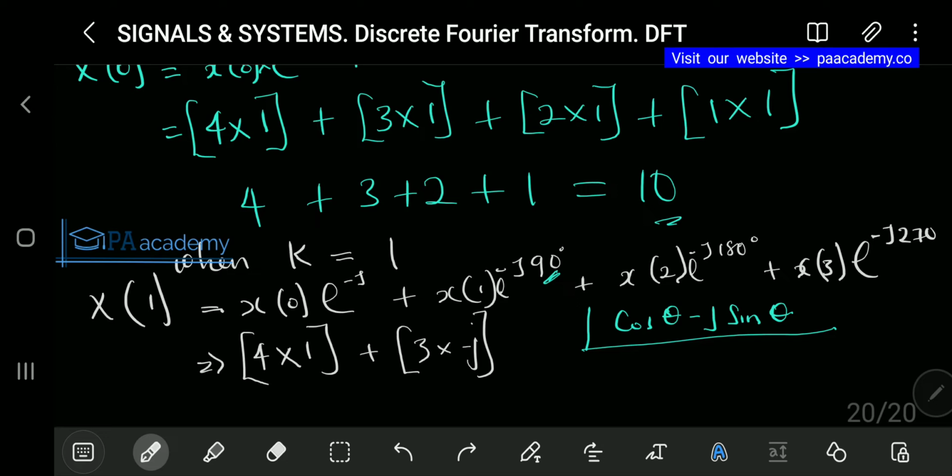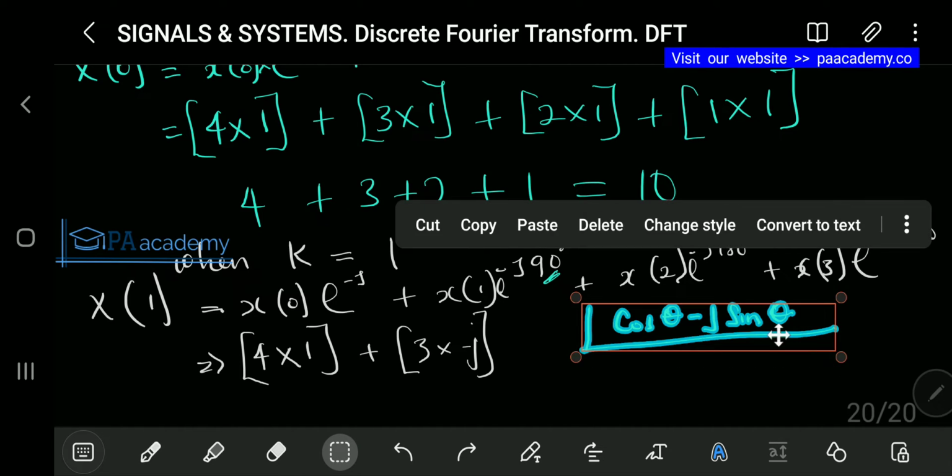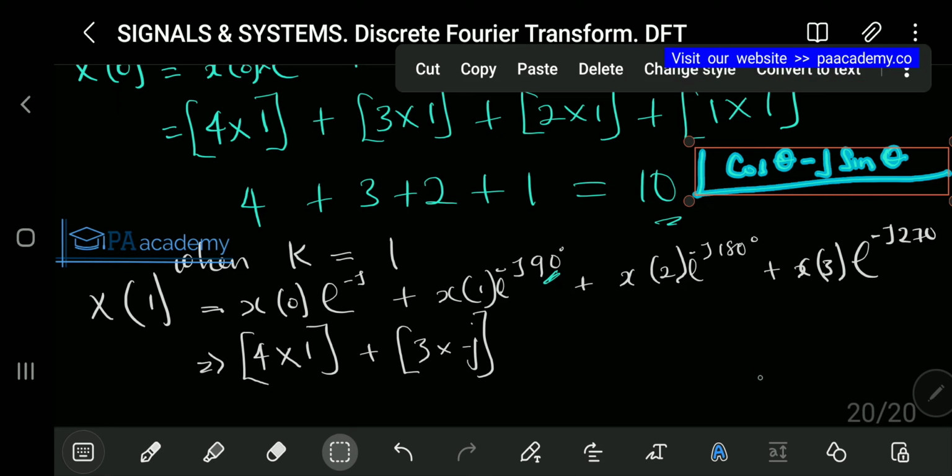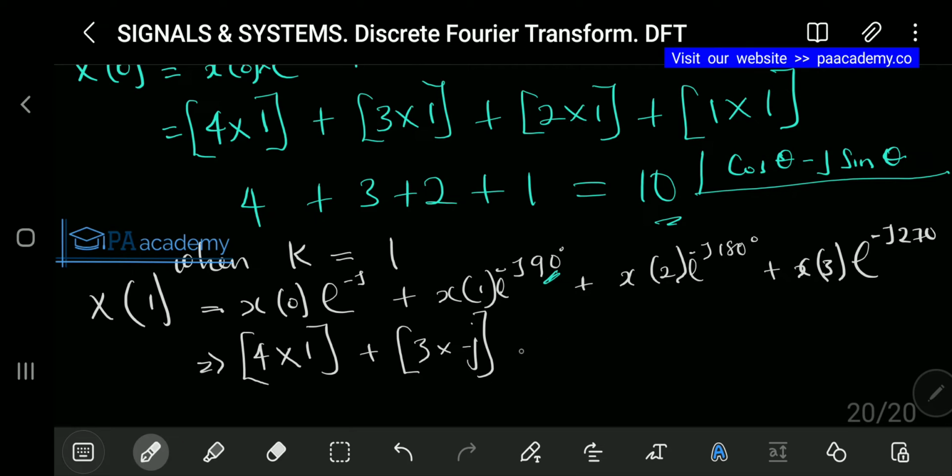So now let's continue. So then plus, now x of 2, our x of 2 is 2. So that will be 2 times. Now the same thing we are going to do here, we have exponential minus j 180 degrees.